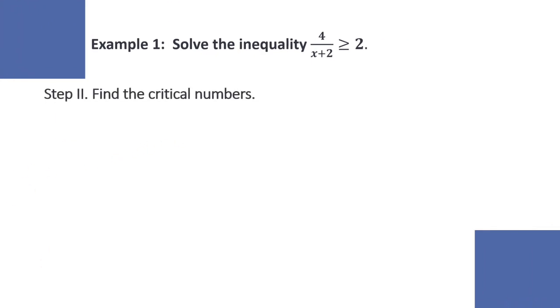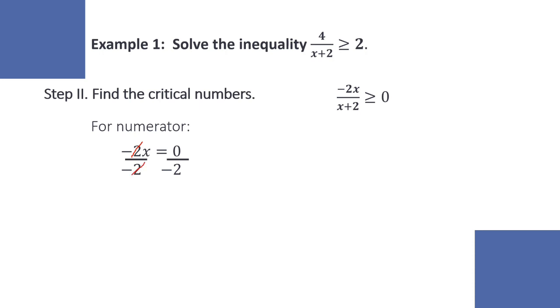Step 2, find the critical numbers. Our inequality now is negative 2x over x plus 2 is greater than or equal to 0. For the numerator, to find the critical number, the numerator here is negative 2x. So equate it to 0. Negative 2x equals 0. Then divide both sides by negative 2, so cancel out negative 2.